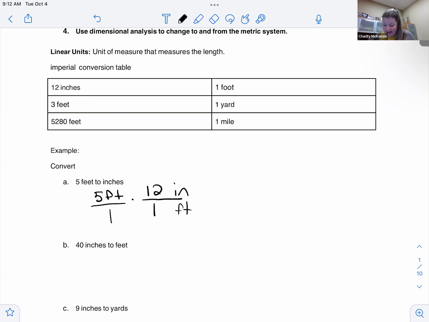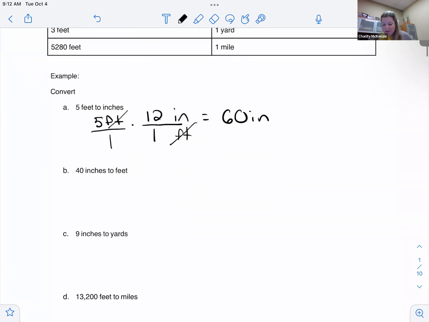I can see that my feet will cancel. 5 times 12 is 60, and I'm left with inches. So the answer is 60 inches. Could you have done that pretty quickly? Yeah, some people would go, I just multiply it by 12. They can visualize that. Some people will mess up whether they multiply or divide each time. So this is a set way that will always work.